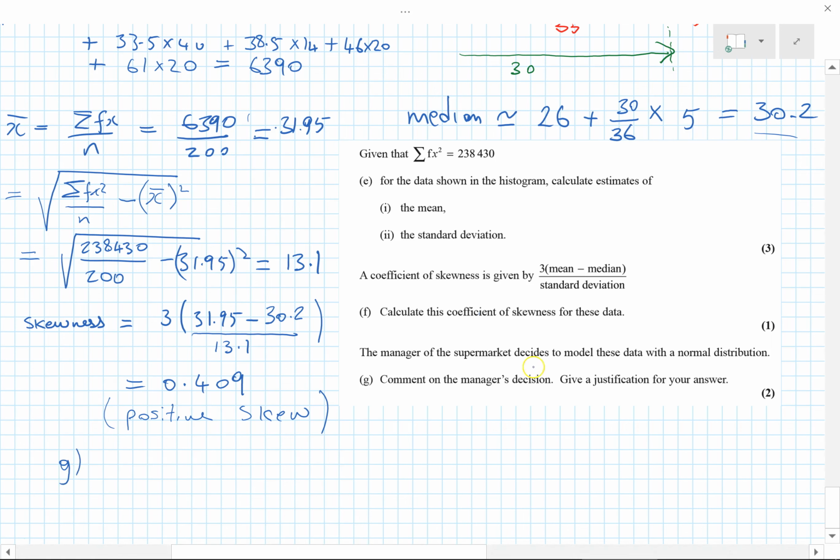It says the manager of the supermarket decides to model these with a normal distribution. Comment on the manager's decision, give a justification for your answer.